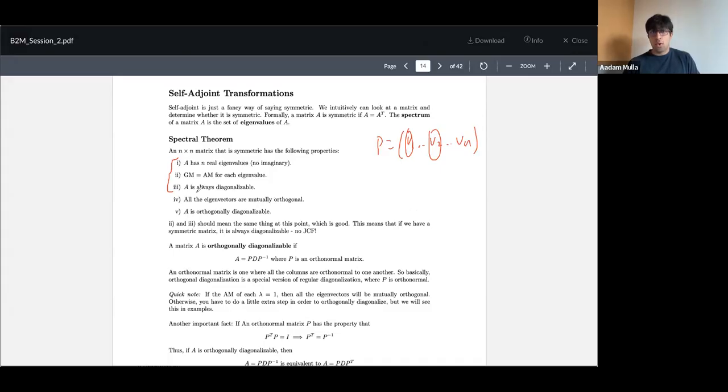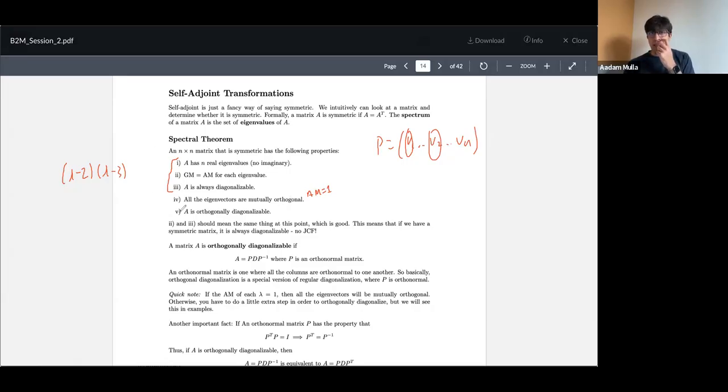This fourth scenario only happens if you have algebraic multiplicity of 1 for all your eigenvalues, as in if you're dealing with a characteristic polynomial where there are no squares or cubes. If you have squares and cubes, then they may not all be mutually orthogonal, but we know a way of making them mutually orthogonal, which is Gram-Schmidt. So we'll talk about that later.